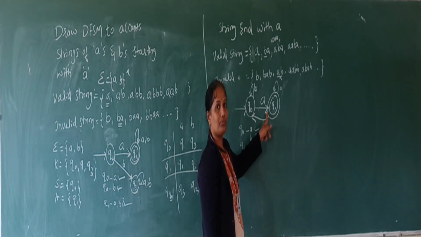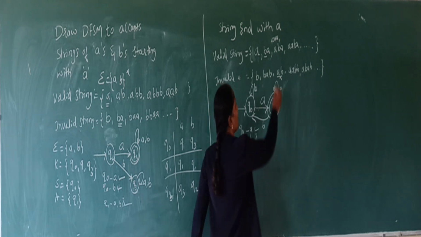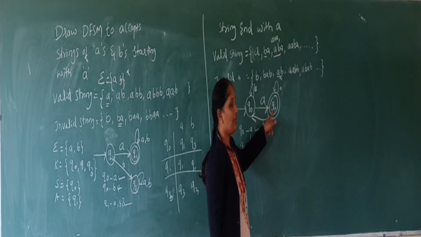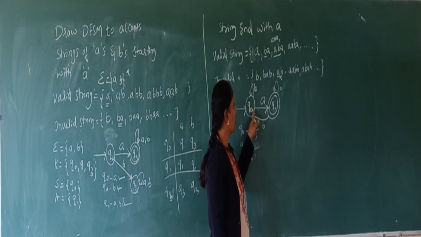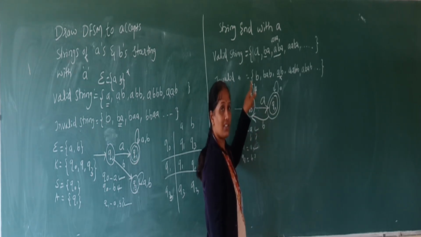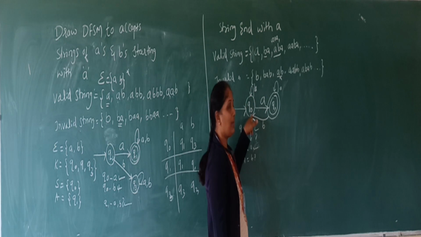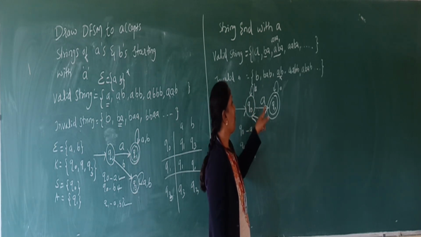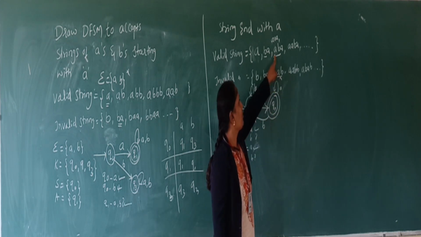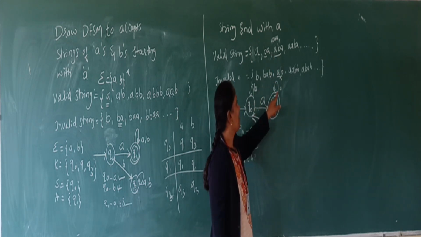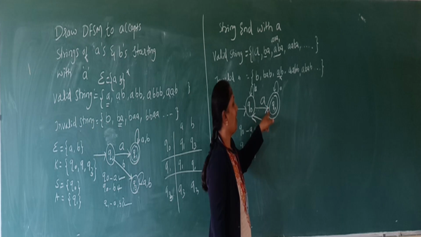If A comes, it will change the state from Q0 to Q1. If B comes, it will move to the Q0 state. If any number of B's come, it will stay in the Q0 state. After that, whenever the A comes at the end, only then will it move to the final state. So it starts accepting A, then B, then A.